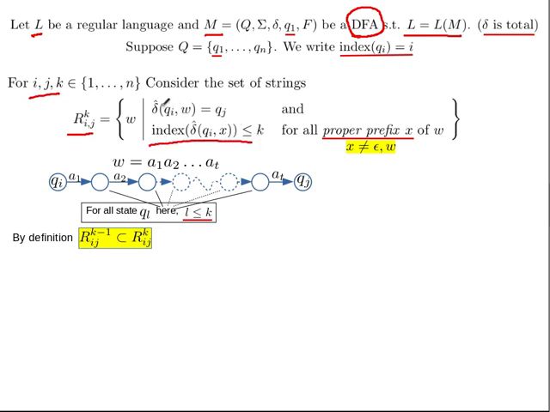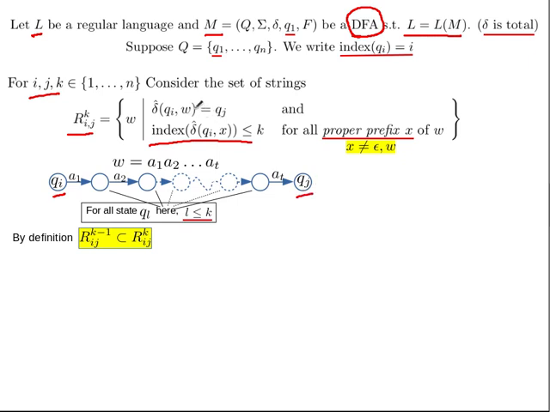First of all, this part should be clear: w is here. If you start from qi and process this w, then you should end up in qj. So the path looks like this. You start from qi and process all these symbols of w, suppose there are t symbols, and then you end up in qj.